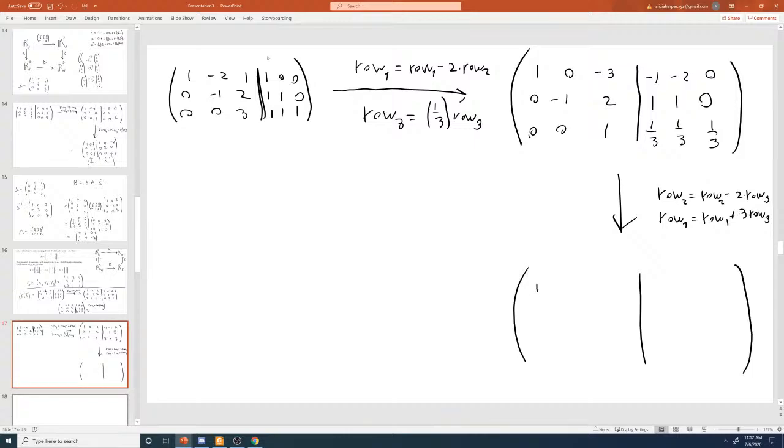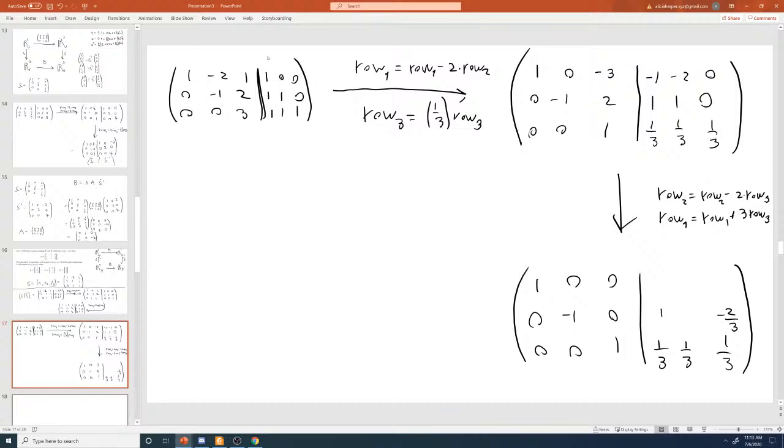So I'm going to have 1, negative 1, 1, 0, 0, 0, 0, 0, 0 on the left, and on the right, well, I'm still going to have 1/3 all along the bottom row. Going up, I'm going to have a negative 2/3 here.